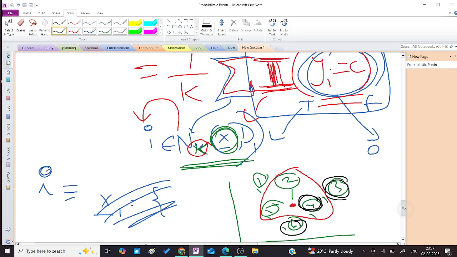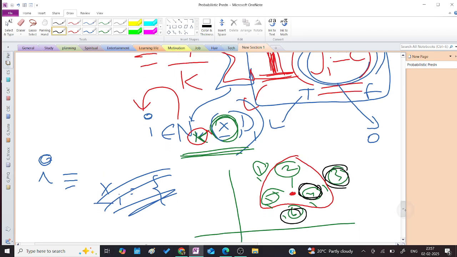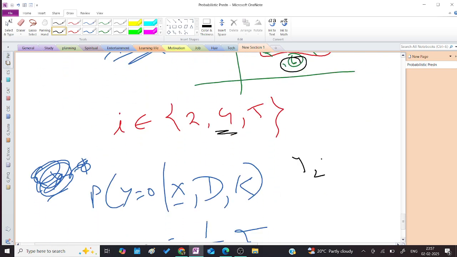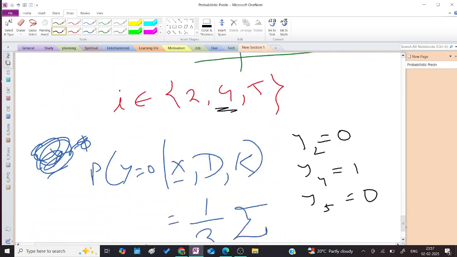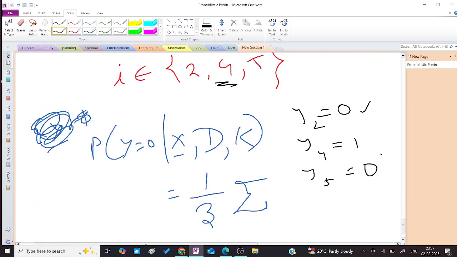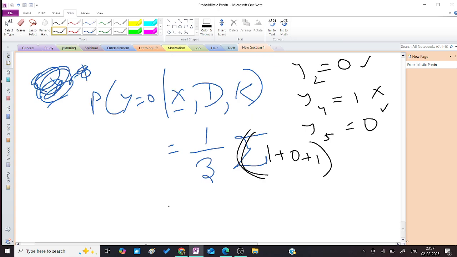So yeah, point 2, y2 equals class 0, y4 equals class 1, and y5 equals class 0 again, right? So this is true, this is true, this is false. So here the summation will be 1 plus 0 plus 1, right? So here the probability is 2 by 3.